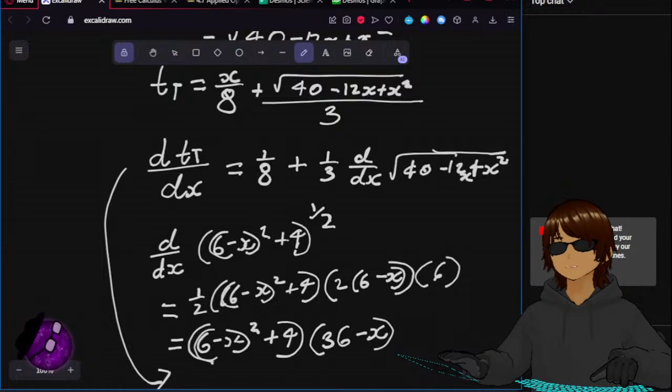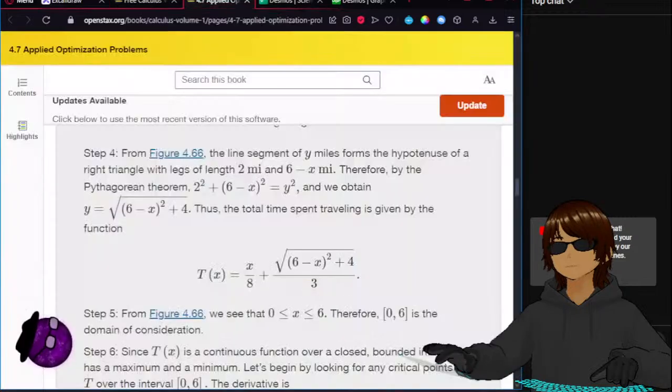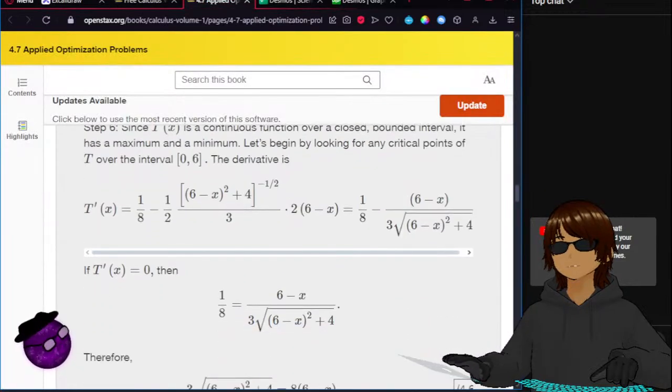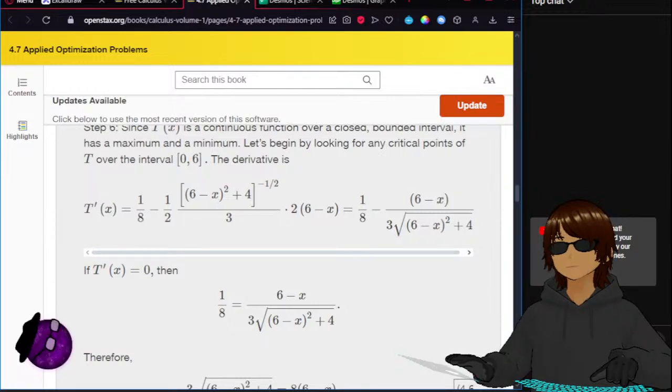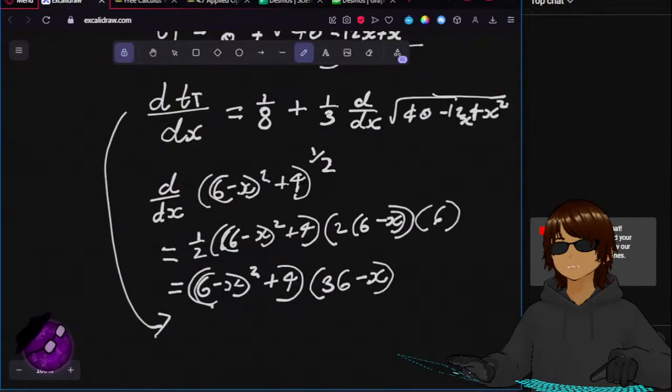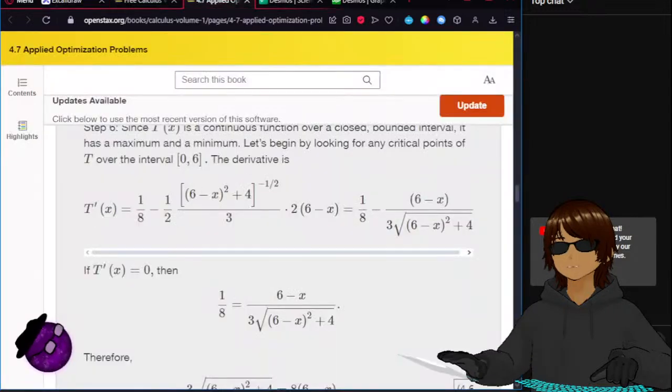So if this is 0, yeah, the derivative is 1 over 8 minus half. Wait, oh, the half cancelled out. Wait, hold on.